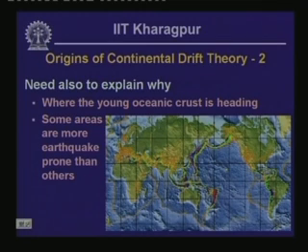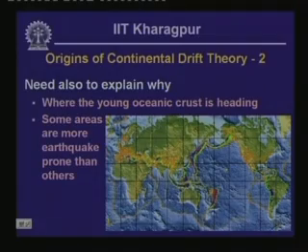So then the question arises, if the oceanic crust is young, then where? Somewhere new oceanic crust is being created, and since it is being created, it has to be consumed somewhere, because otherwise the Earth's surface has to grow to accommodate the creation of the young oceanic crust.